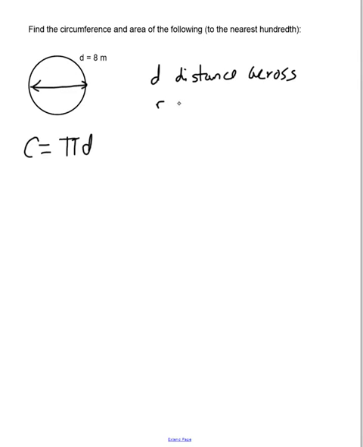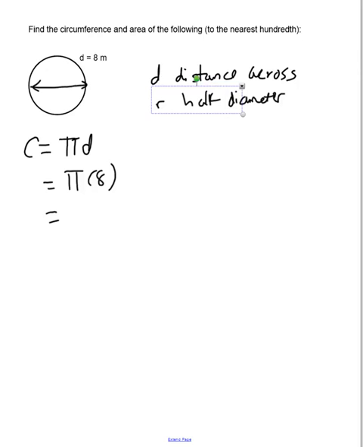The radius is half the diameter. So just keep that in mind. So pi times diameter is pi times 8. For all of these questions, we're going to make sure that we use the pi button on our calculator. So you need to have a scientific calculator, and you need to be able to find where your pi button is.